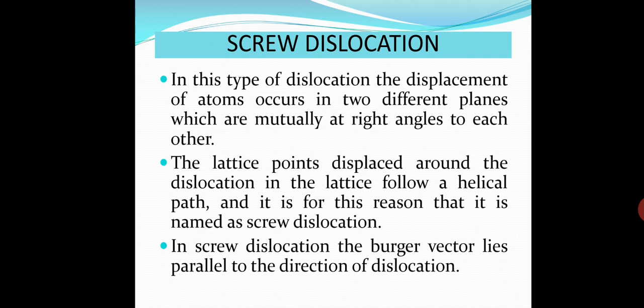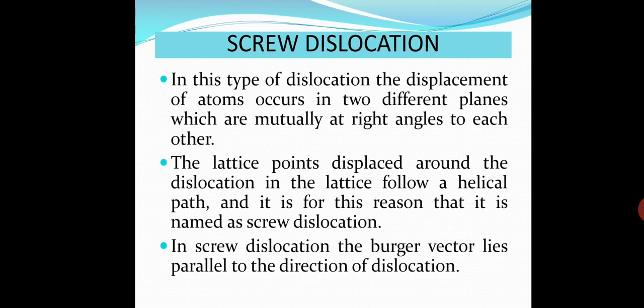In screw dislocation, the displacement of atoms occurs in two different planes which are mutually at right angles to each other. The lattice points displaced around the dislocation in the lattice follow a helical path, and for this reason this dislocation is known as screw dislocation.